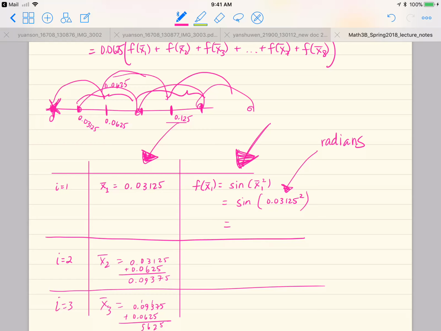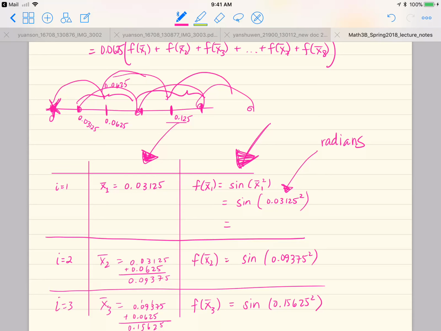Okay, so then over here, f of x2 bar is going to be sine of 0.09375 squared, and f of x3 bar is going to be sine of 0.15625 quantity squared.